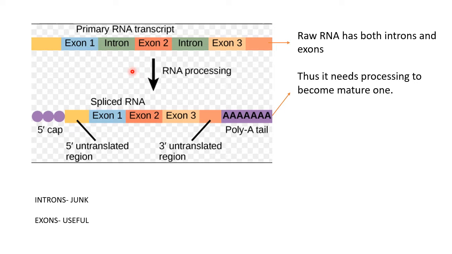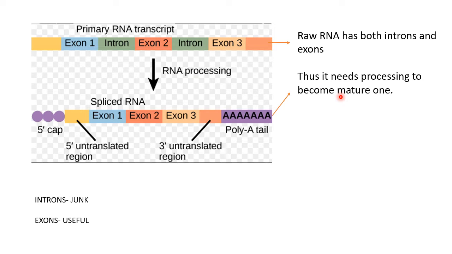So after transcription in eukaryotes, a primary RNA transcript is produced, or synthesized. That is nothing but raw RNA, which has both introns and exons. Now this RNA has to be processed to remove introns. In RNA splicing we remove introns and not exons.